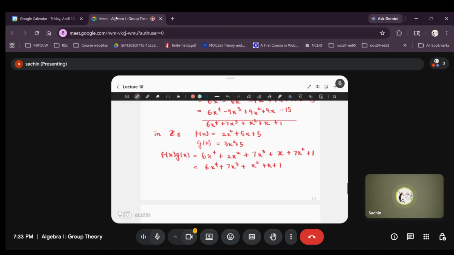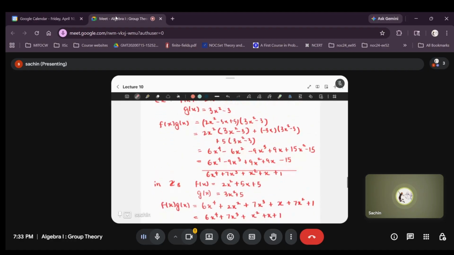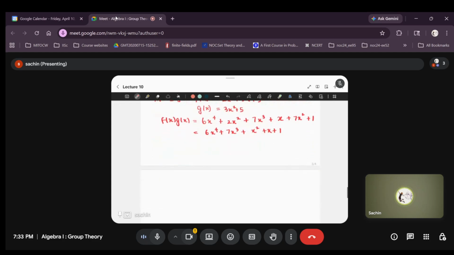The product and sum of two polynomials is always a polynomial in X with coefficients in the same ring. Then the additive identity is the zero polynomial. The zero element of R of X is the zero polynomial.